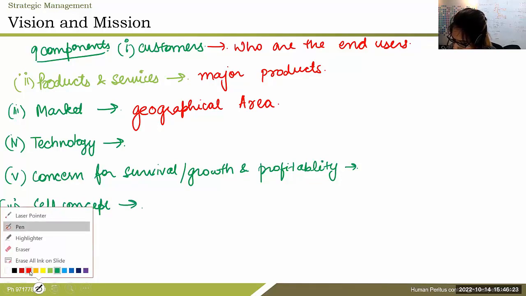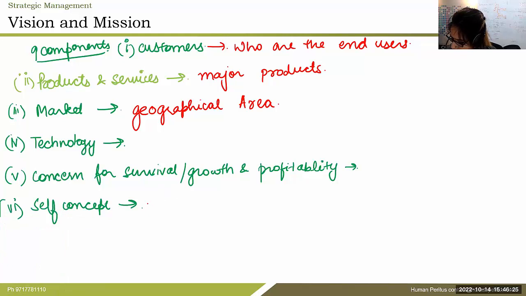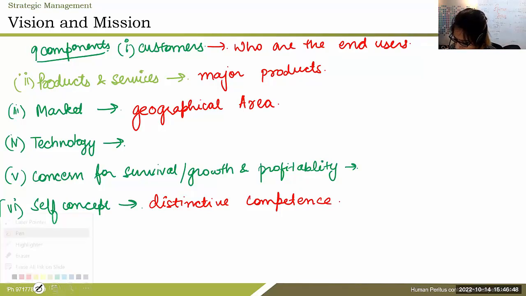Self-concept here means that the organization has distinctive competence. As in, it has some kind of products, some kind of technologies, some markets or geographical area which are distinct from others, distinct from the competitors.